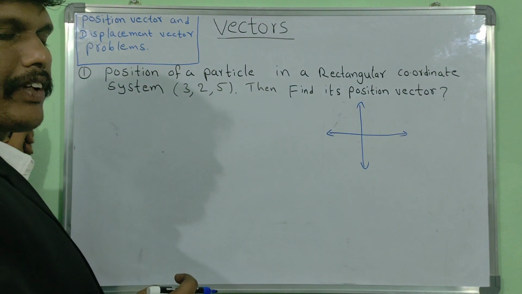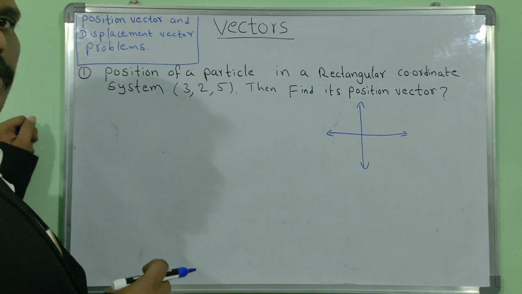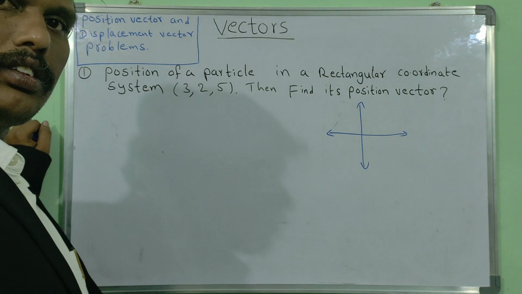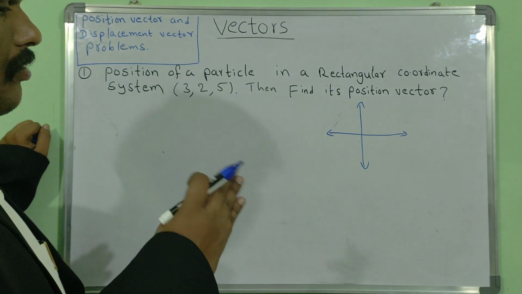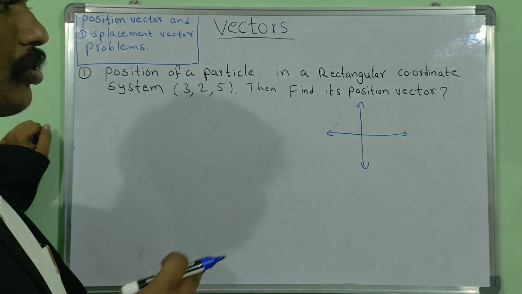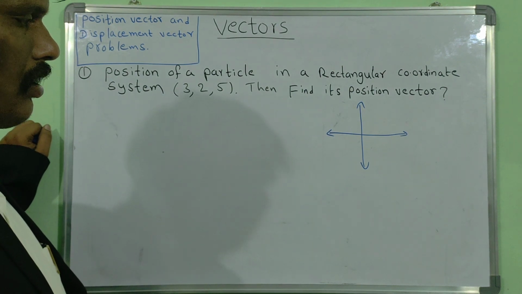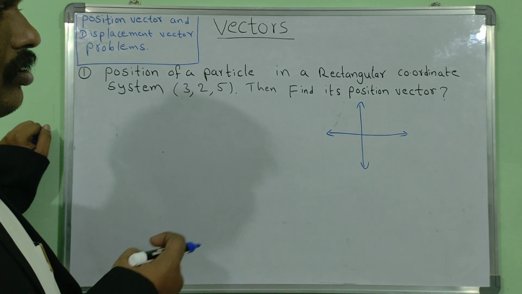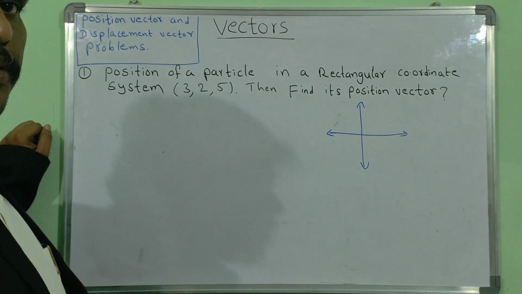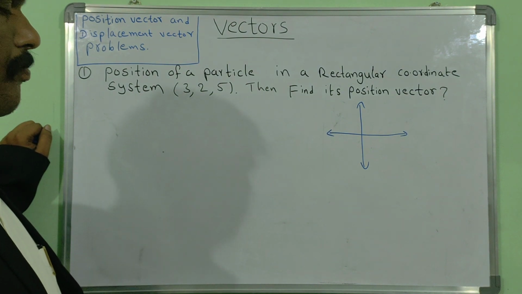You will get the unit vector in detail. In that video I explained the representation of a vector and angle measurement, how to calculate the angle between two vectors, and unit vectors in detail.